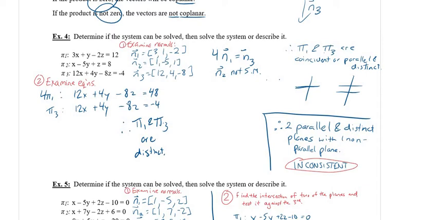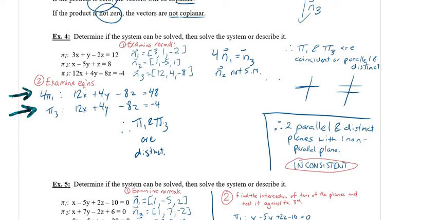So right now, we need to determine between plane 1 and plane 3, are they coincident or are they parallel and distinct? So again, we're going to use that same trick that we learned in the last part of the lesson, which is we're going to examine the equations. We're going to multiply them out so that our ABC values are all the same, and we're going to check our D value.